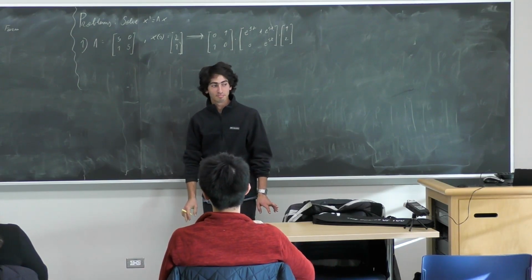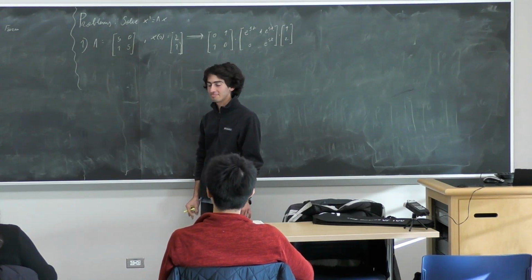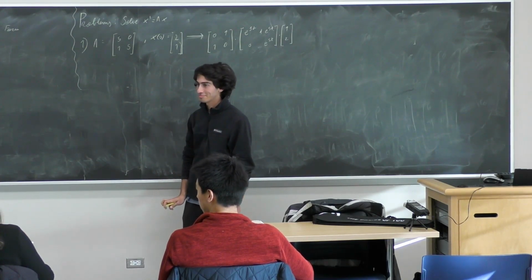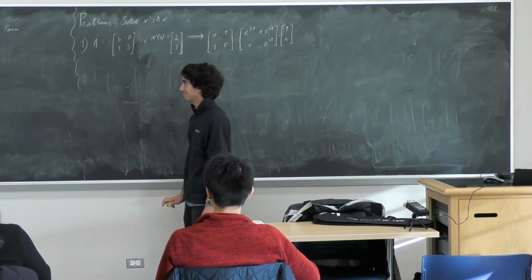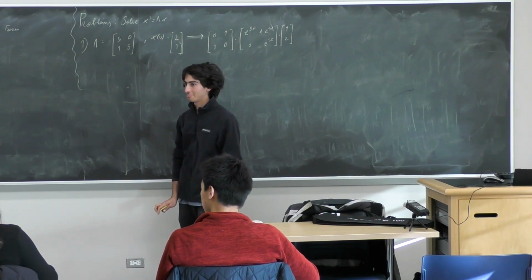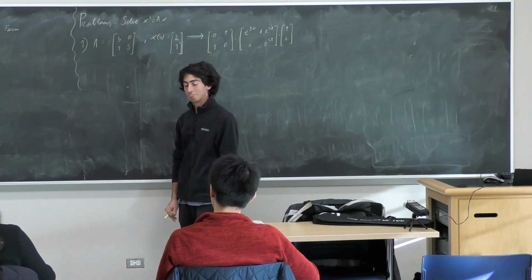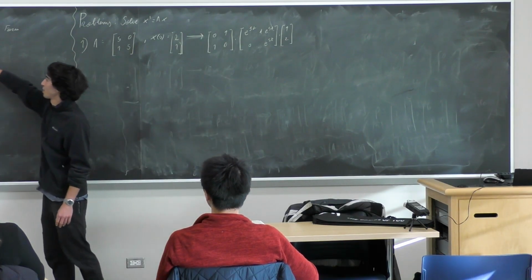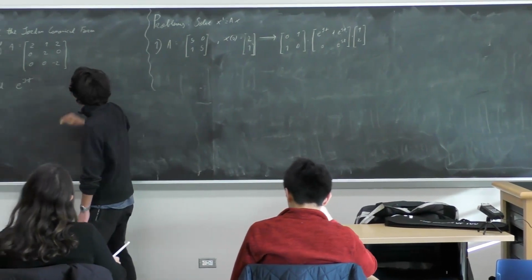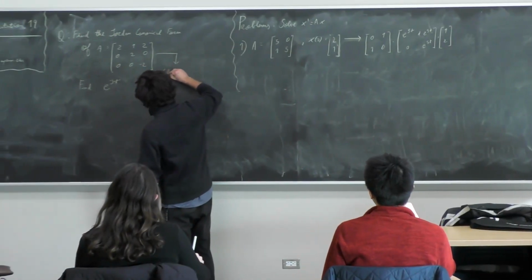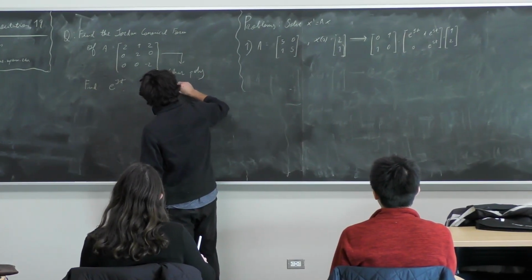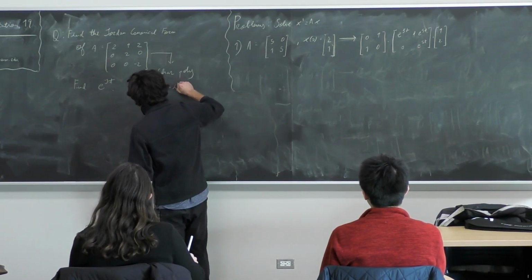Any ideas? For the characteristic polynomial, it's 2 minus lambda squared times negative 2 minus lambda. Yeah, I was just looking at the diagonal since it's already in upper triangular form, and let's say that the characteristic polynomial is going to be equal to 2 minus lambda squared.